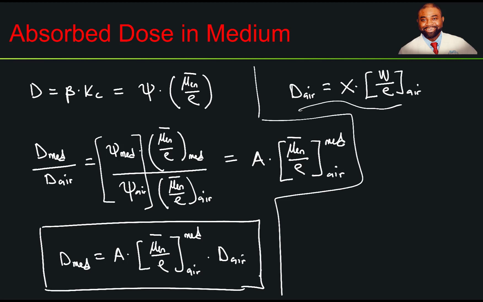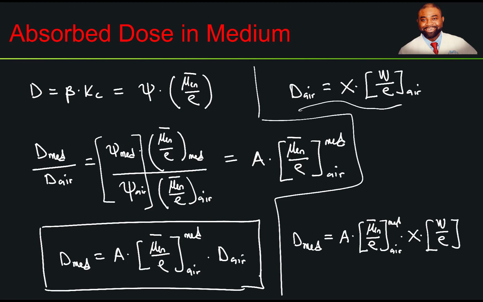This means that the dose in medium will be equal to the transmission coefficient multiplied by the ratio of the mass absorption coefficient of the medium to air, multiplied by the exposure in air, multiplied by the ion pairs created per energy expended in air. So this gives us literally the dose to any medium.